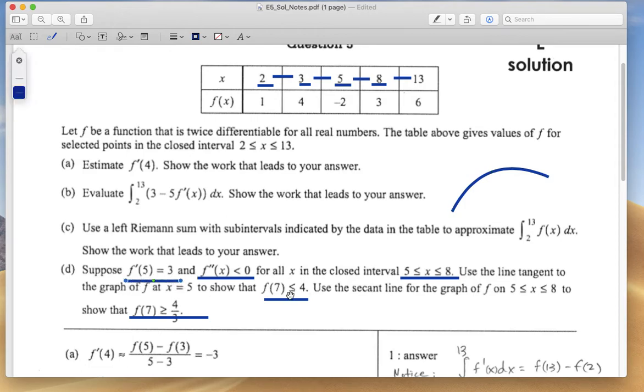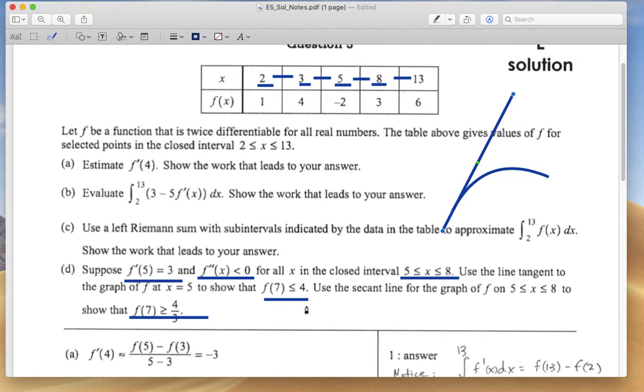So f prime of 5 is 3. Here's 5 over here, x equals 5. So I know that f prime is 3 right here, so that means I've got a tangent line right here that's got some kind of positive slope. Okay, that's pretty close to the tangent line.